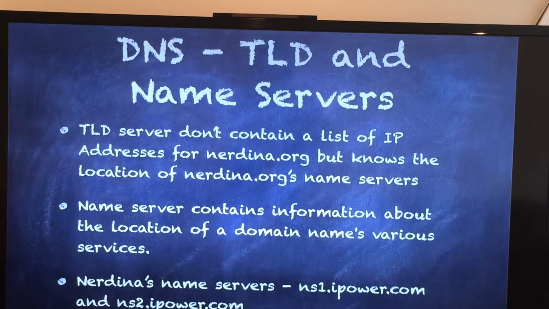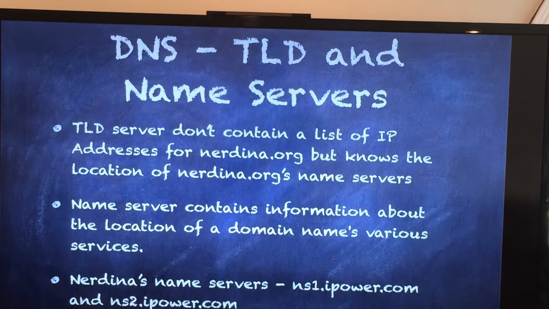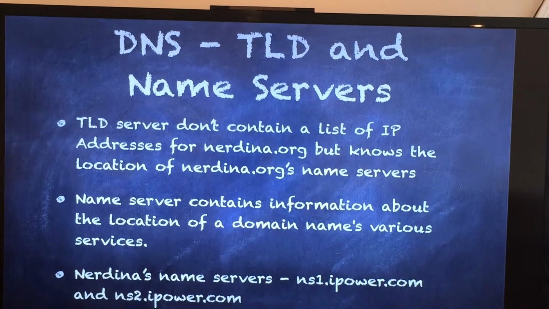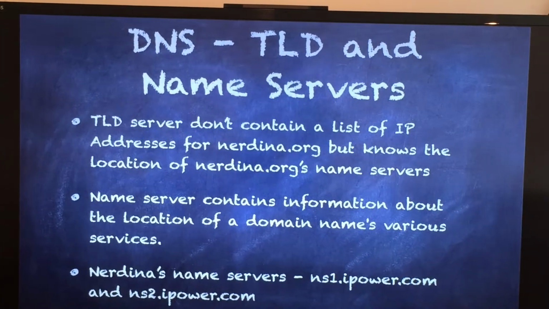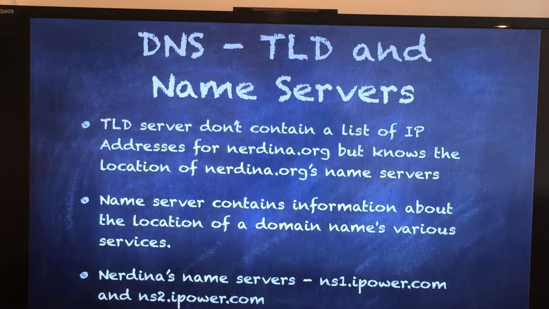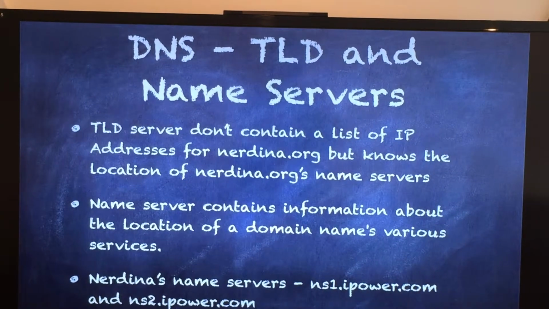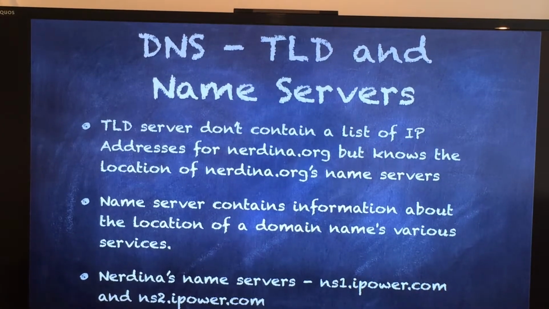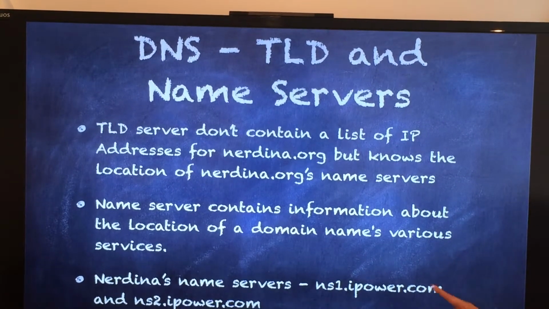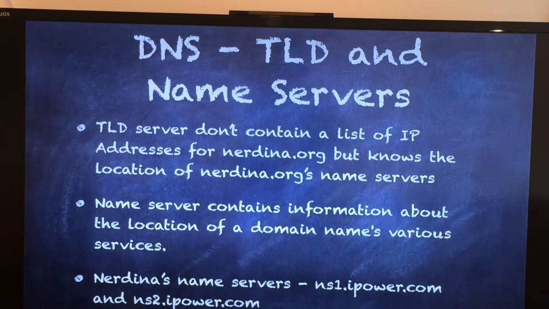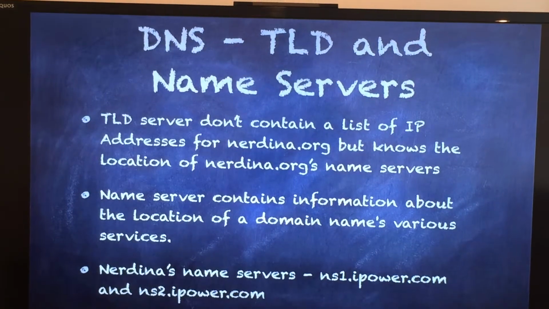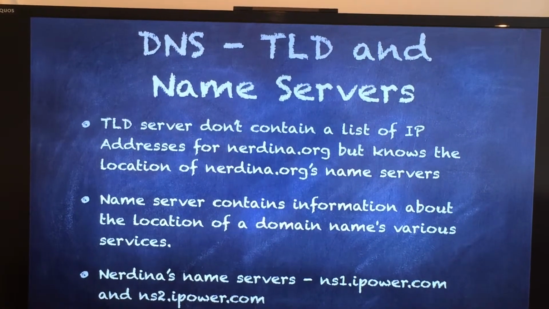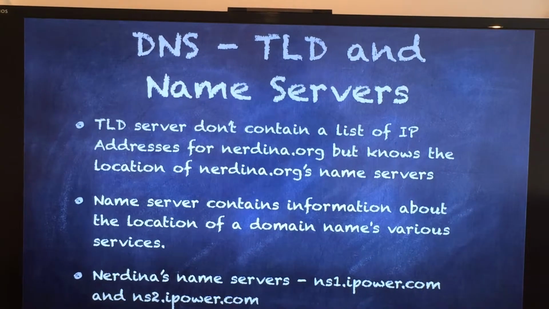A name server essentially contains information about the location of a domain name's various services. For example, Nerdina's name servers are ns1.ipower.com and ns2.ipower.com. Note that ipower.com is simply the website that hosts Nerdina's pages. We will be discussing what that means just a little bit later.